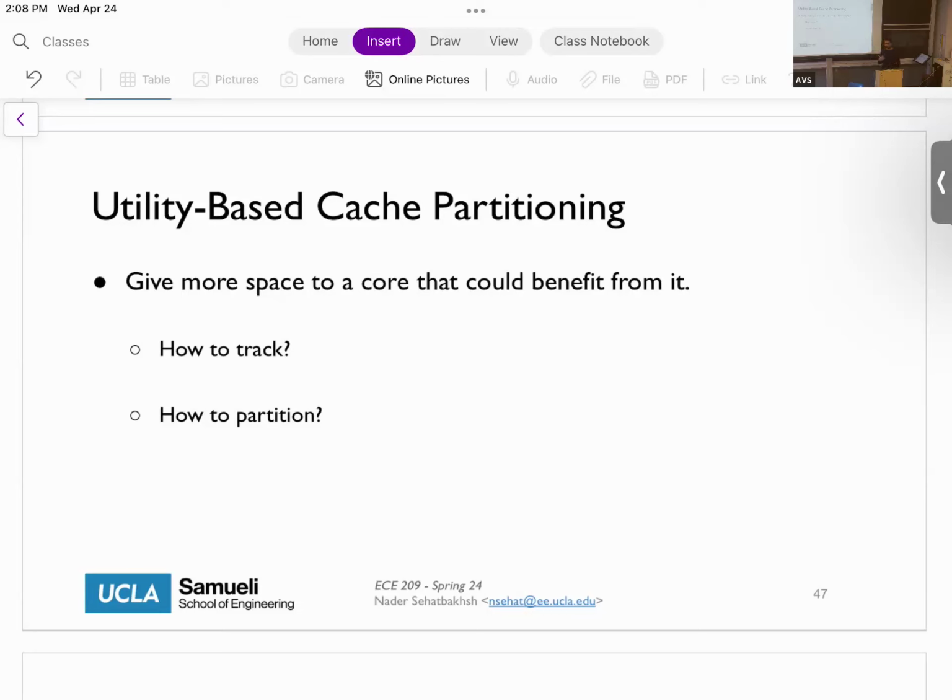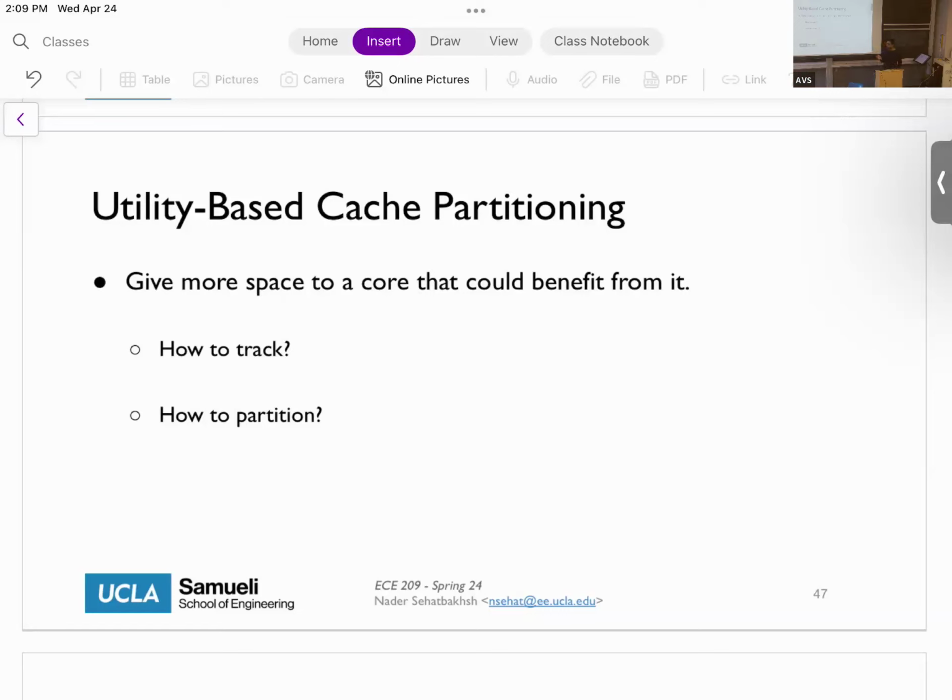So we may need a more strategic and intelligent way of partitioning, where we foresee who is going to use and benefit more from the cache and provide it to that application, rather than saying it's free for all, whoever wants it.